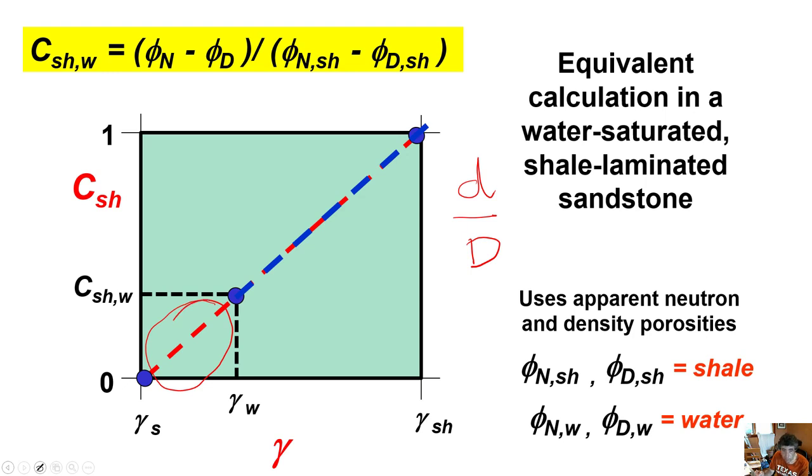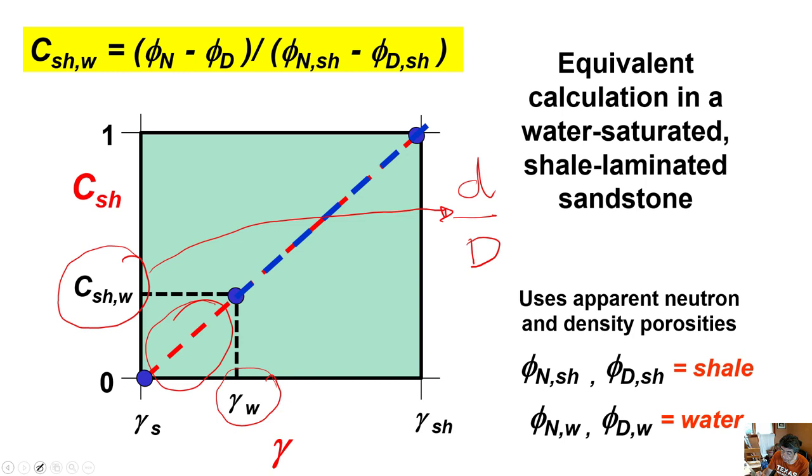But what we do is we go to a water saturated sandstone, we measure the gamma ray log in the water saturated sandstone, and we calculate the volumetric concentration of shale in that sandstone by calculating the ratio of lowercase d over capital D, as I indicated before.